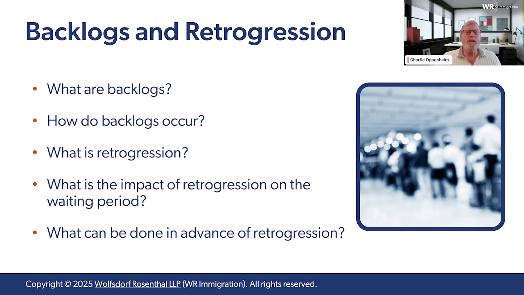Right. If you have an annual limit and say the limit is 1,000, but there's only 800 people competing for numbers in it, then you've got plenty of numbers to satisfy the demand. But if suddenly that category, instead of 800, there are suddenly 1,200 applicants competing for numbers. Well, if the limit's 1,000, you've got an additional 200 people that cannot be processed in that particular year.